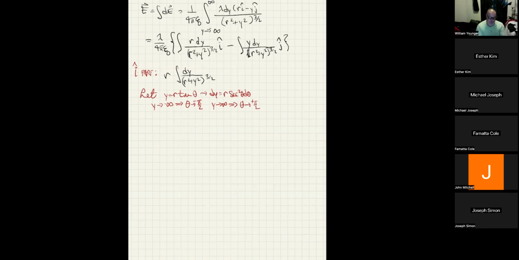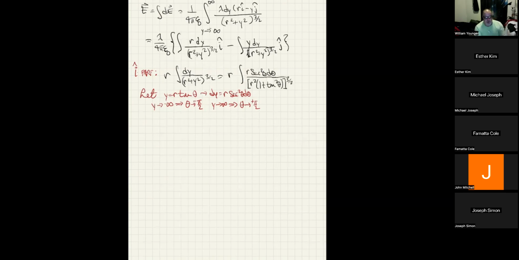So I can now say equals, the r is still going to come out in front, but now I have the integral of r secant squared theta d theta over r squared, which I can factor out of everything, times (1 plus tangent squared theta) to the 3/2 power.